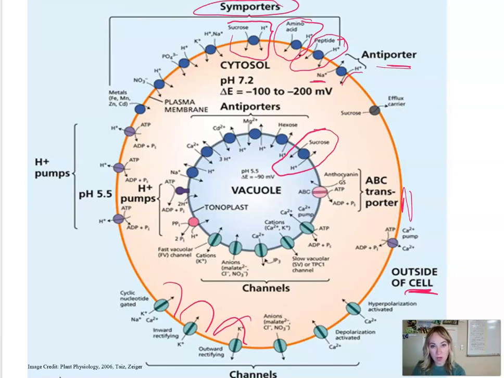No energy is required because they are going down the concentration gradient. And then we also have pumps. You can see here we have a pump that's moving hydrogen out, and it's utilizing ATP. So you see how much we have going on? All the traffic is very, very highly regulated.